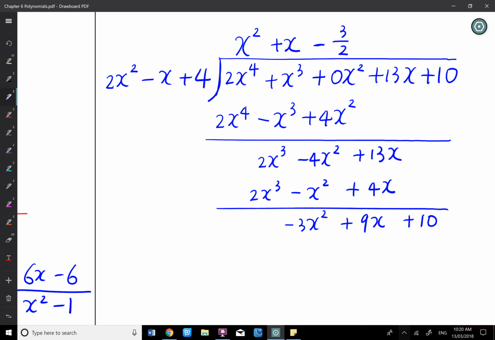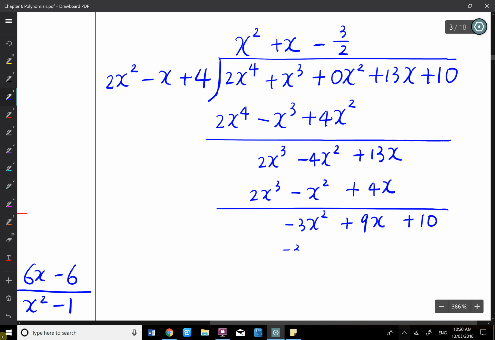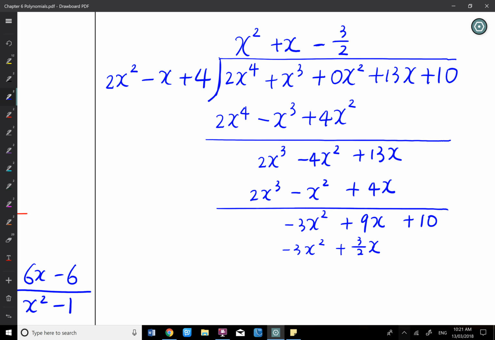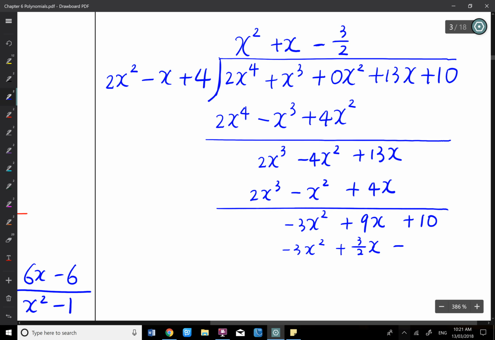So we have minus 3x squared plus 3 over 2x and then we have a minus, what's that, 6.